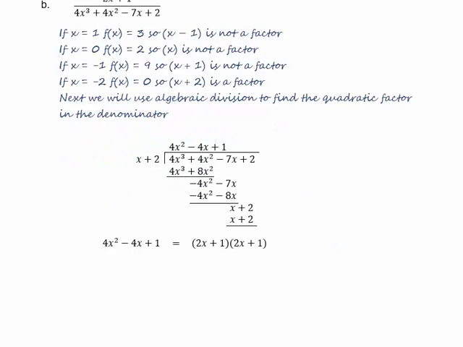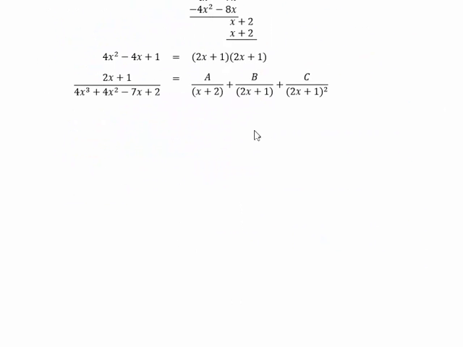So we can now write the original expression as 2x plus 1 over 4x cubed plus 4x squared minus 7x plus 2 is equal to a over x plus 2 plus b over 2x plus 1 plus c over (2x plus 1) squared. As usual, we want to get the right hand side over a common denominator, so we'll multiply the first term by (2x plus 1) squared over (2x plus 1) squared.